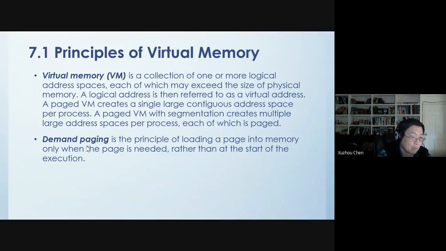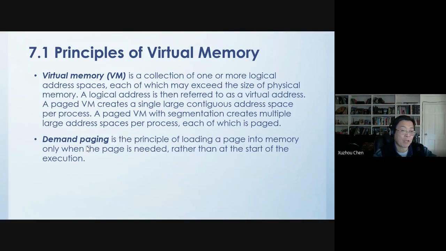However, using virtual memory, we allow the logical address space to be bigger than the physical address space, and we can still run this program. How are we going to do this? We use demand paging. The idea is that we don't always load all the pages into physical memory.